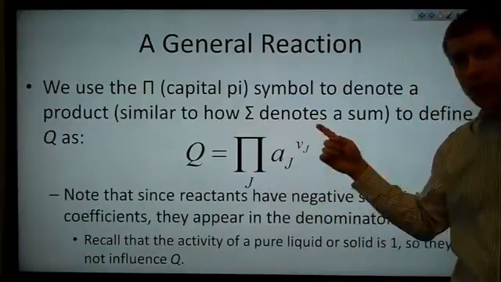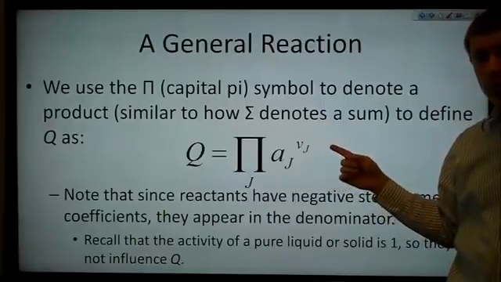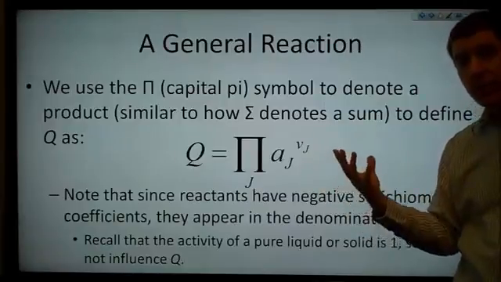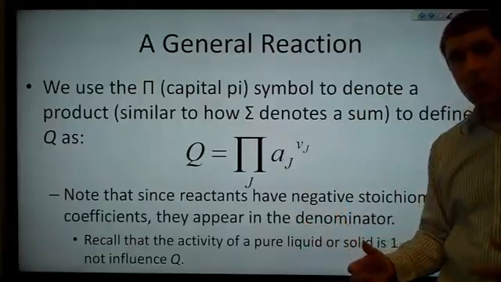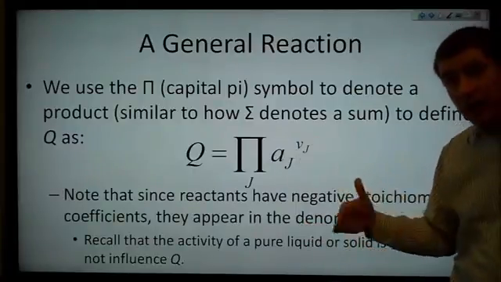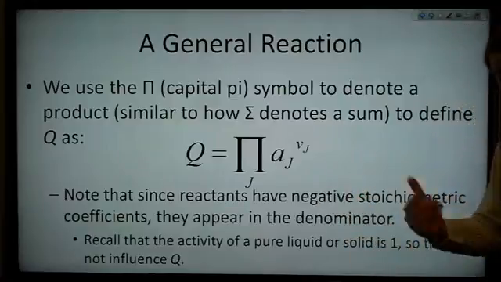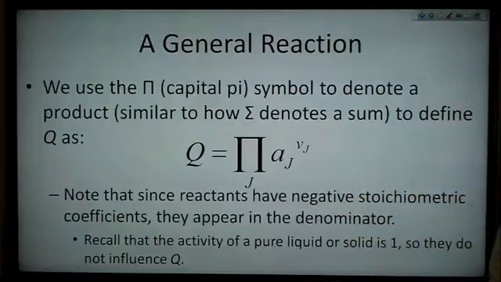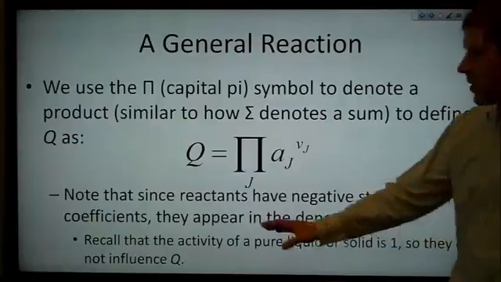This stoichiometric coefficient is either positive for products or negative for reactants. So if it's negative, then we're basically dividing by that positive exponent term.